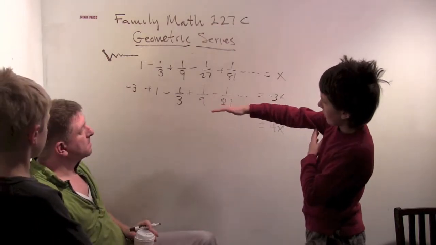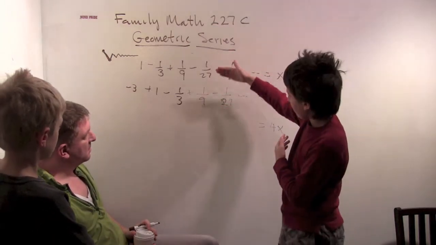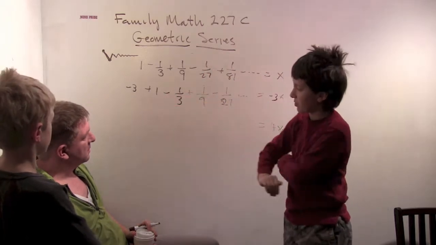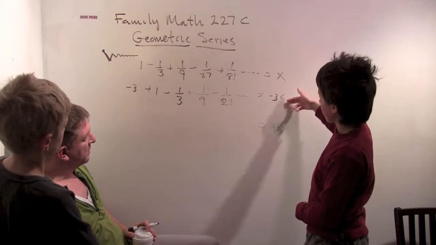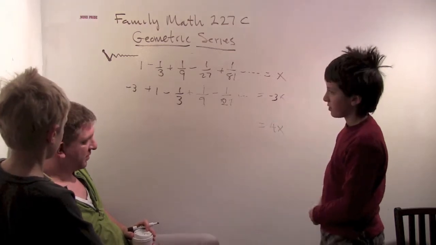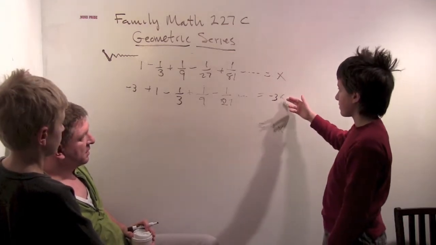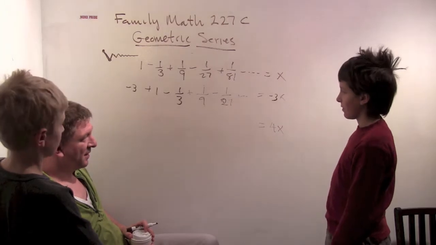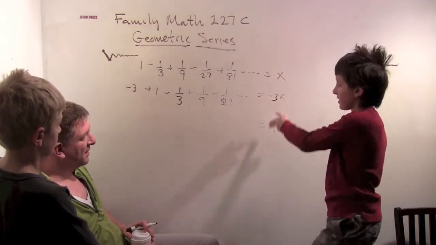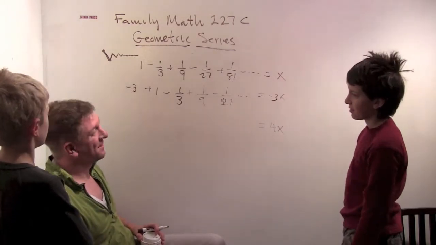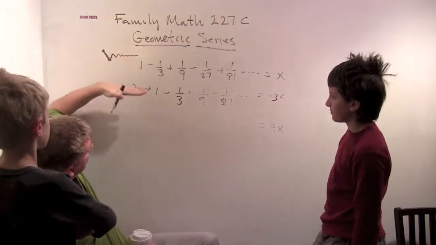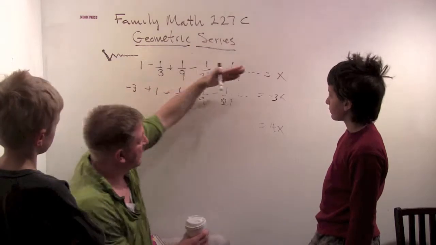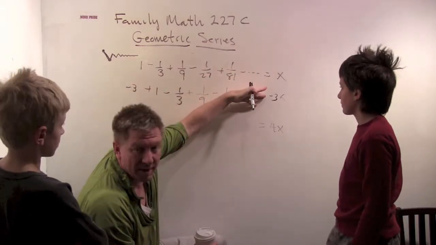Wait, you subtracted that from that, so the 3 actually turns plus. Say it correctly. What did I do? You subtracted x from 3x. That's not what I did. You subtracted 3x from x. That's still not what I did. You did x minus 3x. That's what I did. I took this series here and I subtracted this series. So I took x minus 3x.